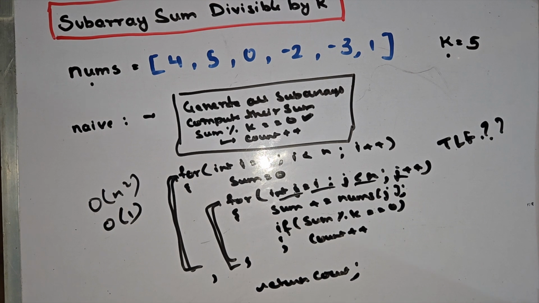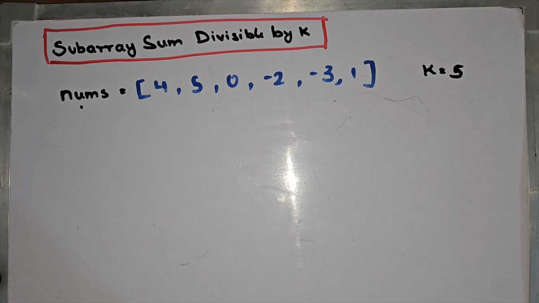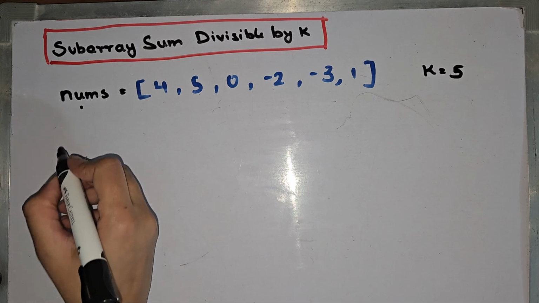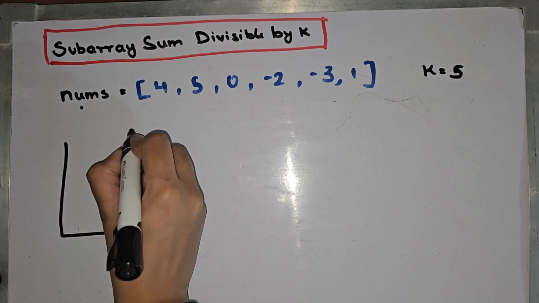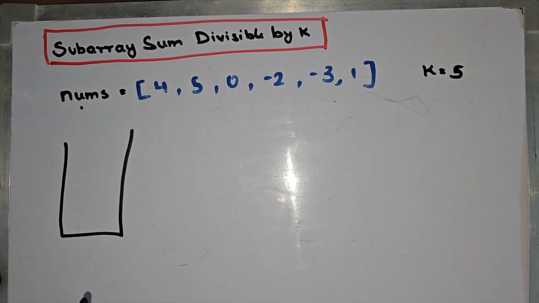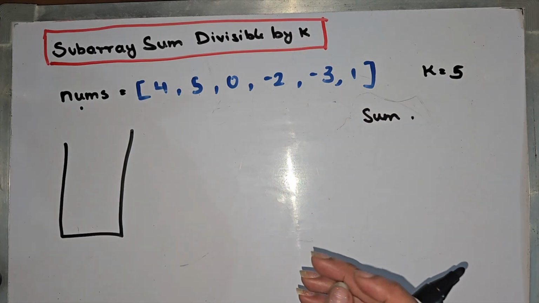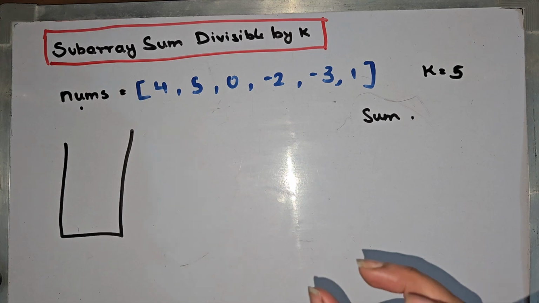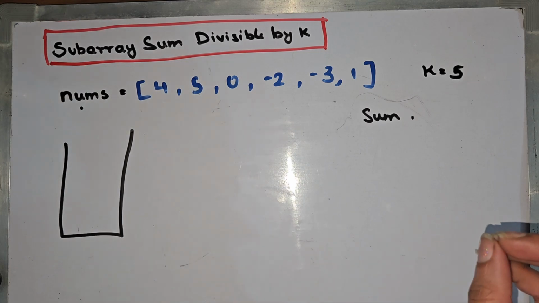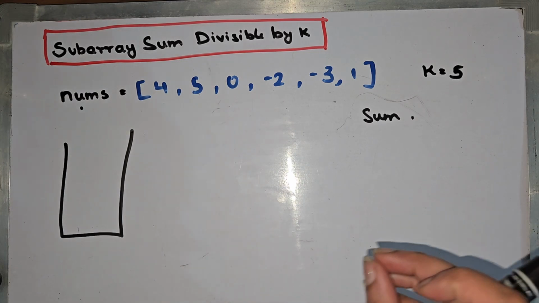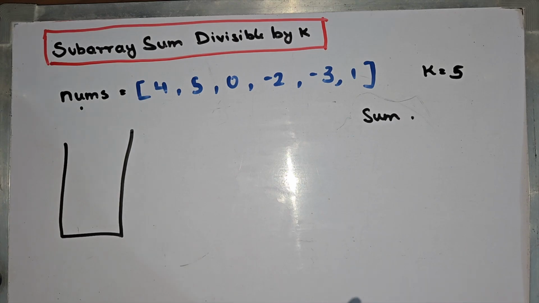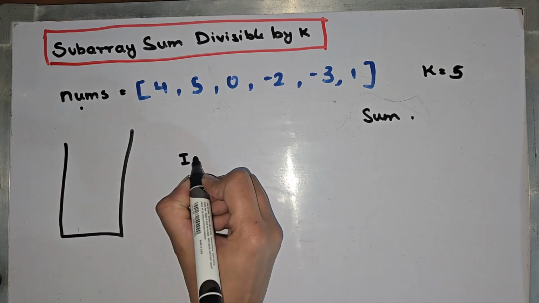We will check if two prefix sums have the same remainder when divided by k. Then the subarray between them is divisible by k. For the prefix sum pattern, we will have a map, and in the map we will store the occurrences of remainders, and we will have a running sum. The trick here is if two prefix sums have the same remainder when divided by k, the subarray between them is divisible by k.